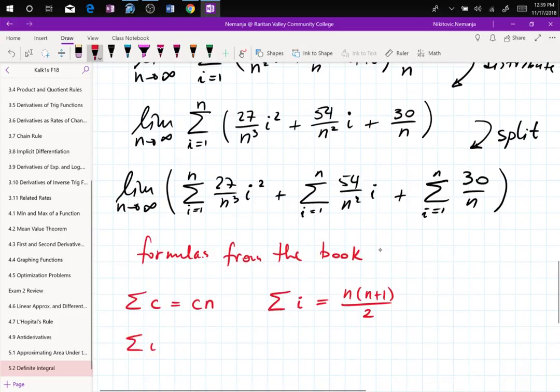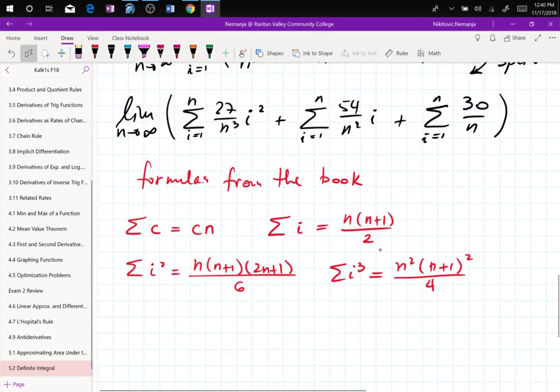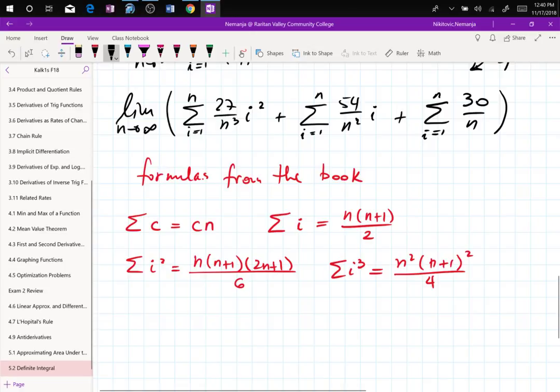The summation of i squared is n plus 1, 2n plus 1 over 6. And the summation of i cubed is n squared over n plus 1 squared over 4. These formulas are in the book.